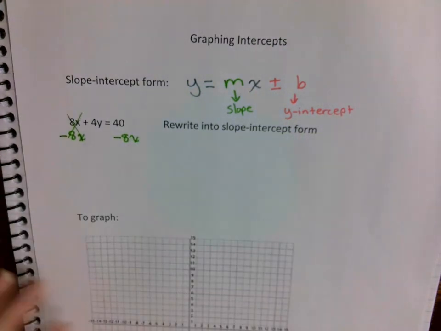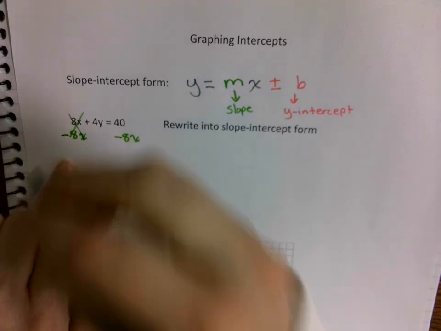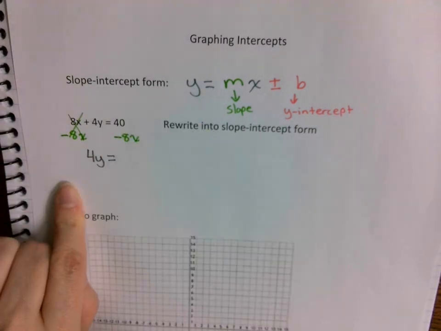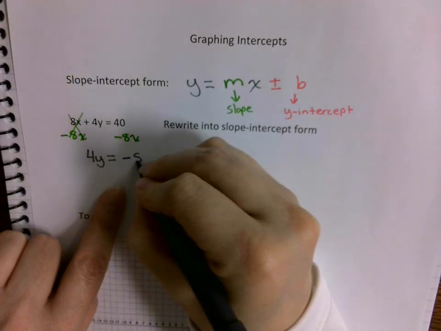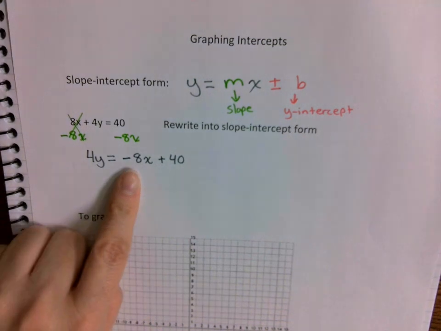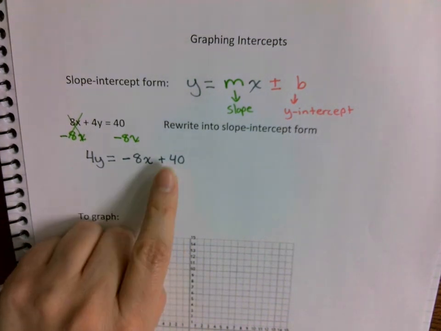and we're left with a positive 4y is now equal to negative 8x plus 40. I like to put the variable first and then the constant second. The reason I can say plus 40 is because of the fact that it is a positive.